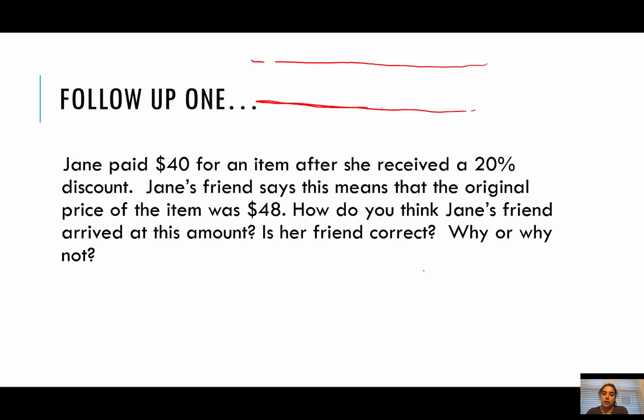So this is what we know. If we split this by percentages on the bottom, 80% goes with $40. We want to know how much she paid for the whole item, which was the original price.